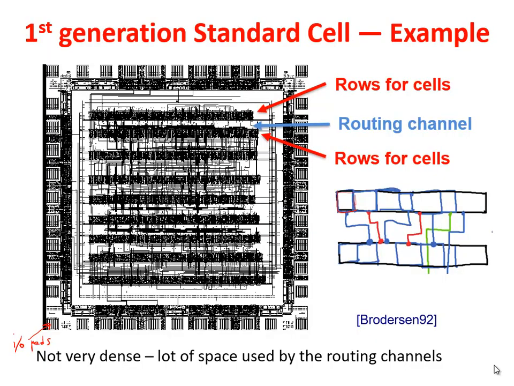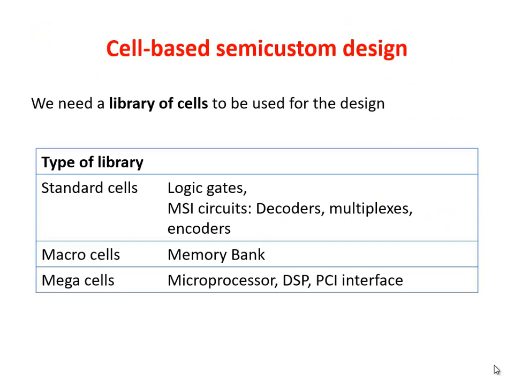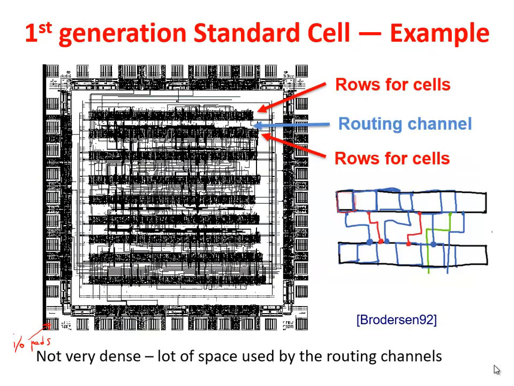So how does the placement of single cells work? Just to understand, it's relatively easy. This is an image taken from a chip of the first generation of standard cells. And so this is basically the chip.